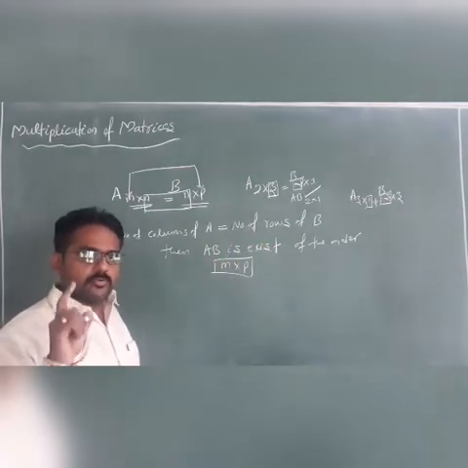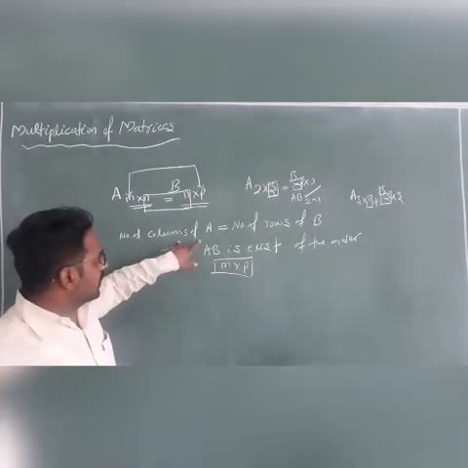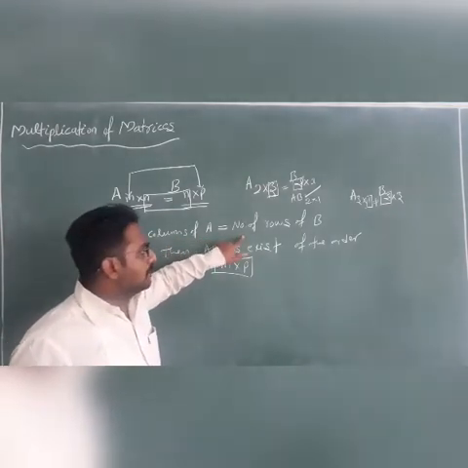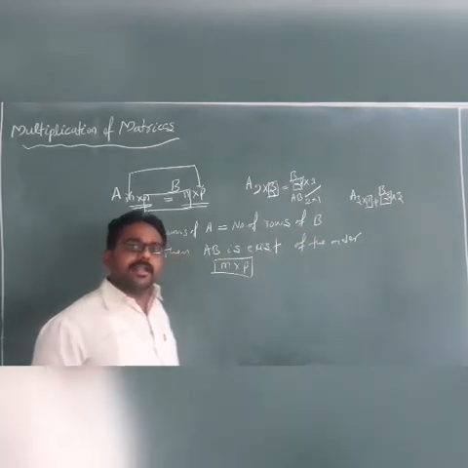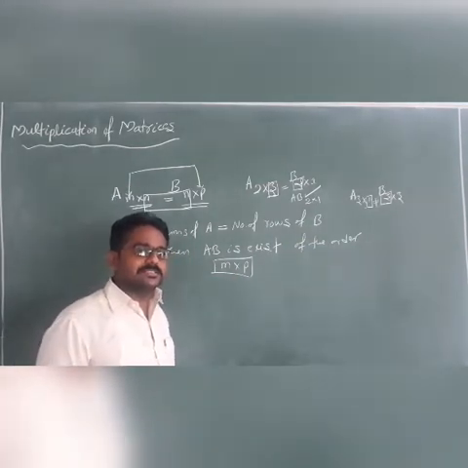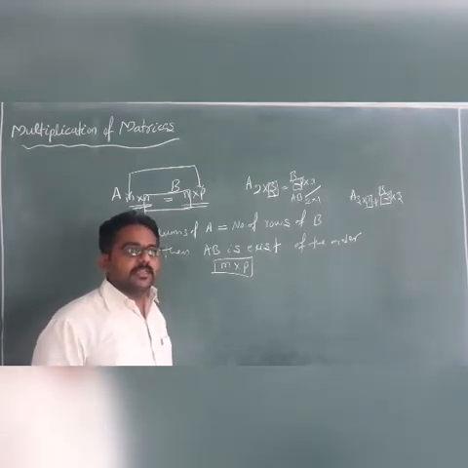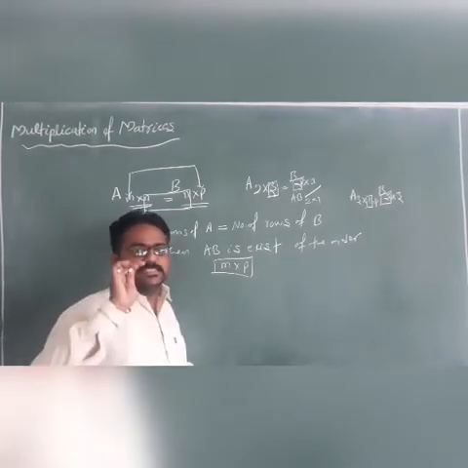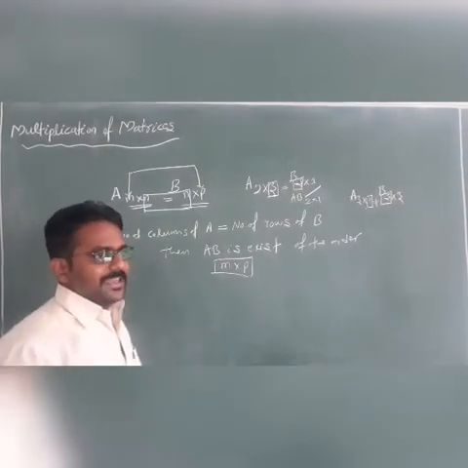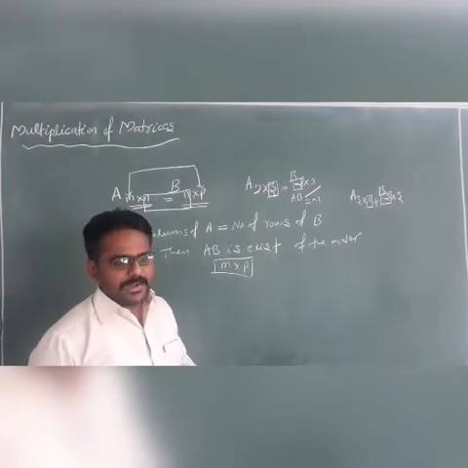What you have to observe is that the number of columns of the first matrix equals the number of rows of the other matrix. Then only the product of the two given matrices can be defined or can exist. This is the foremost condition to find the product of the given matrices.